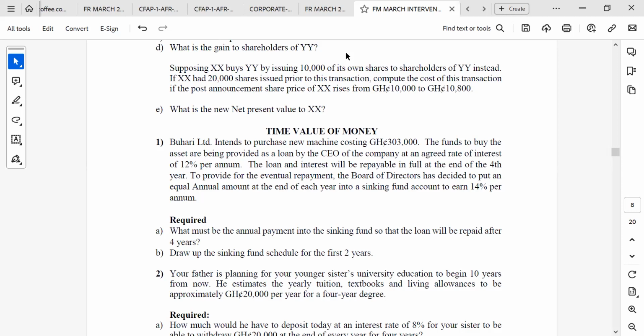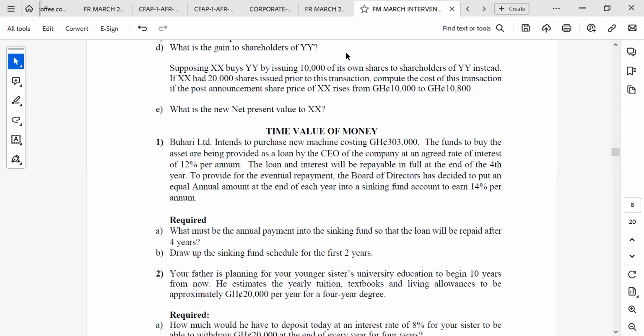Sinking fund, you have to know that if they say sinking fund, it's just like we are going to be making a provision for a future commitment. First of all, you have to know your future value. How much are you going to be paying in the future, and how much should you be contributing every year or every month towards that particular commitment?